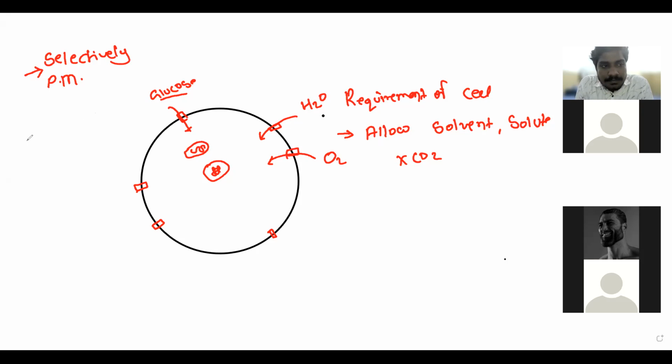Yeah. So just note this down, then we can move to osmosis. Done? Yeah.